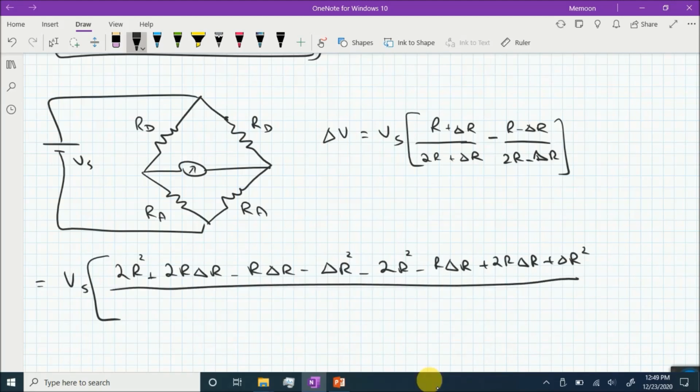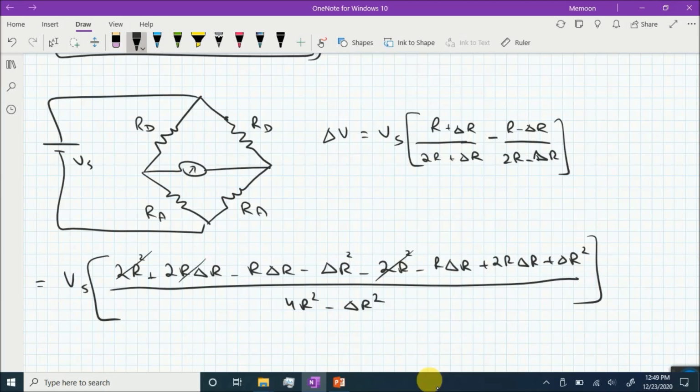divided by (a plus b) into (a minus b), a square minus b square, so that is 4R square minus delta R square. And we can see that this 2R square is cancelled with negative 2R square.